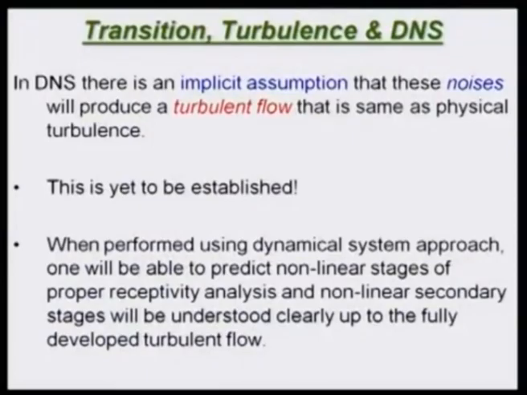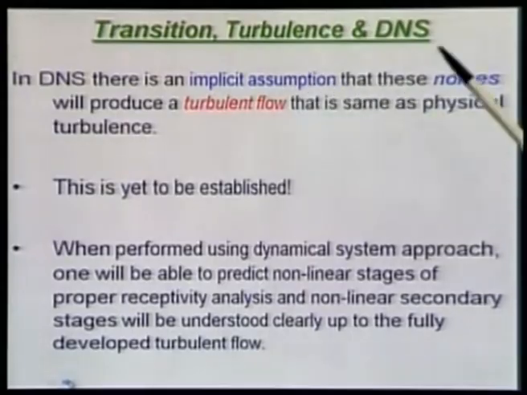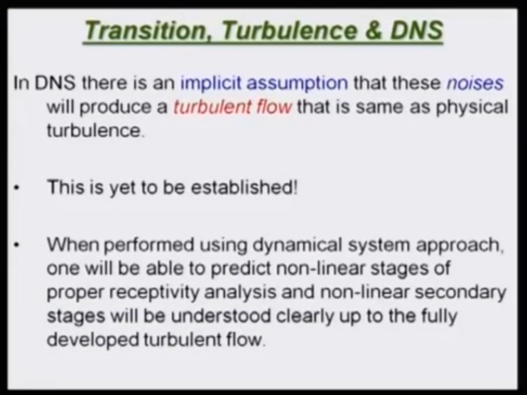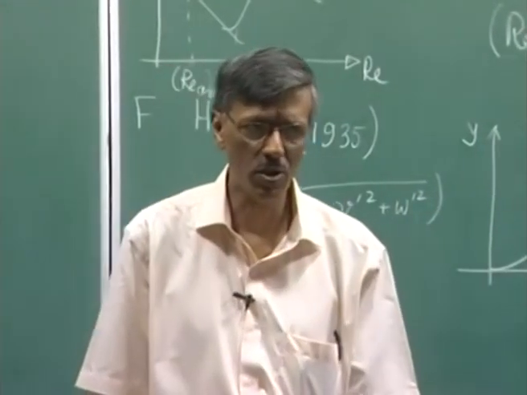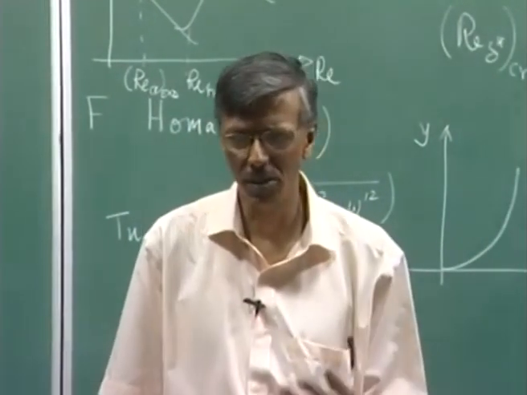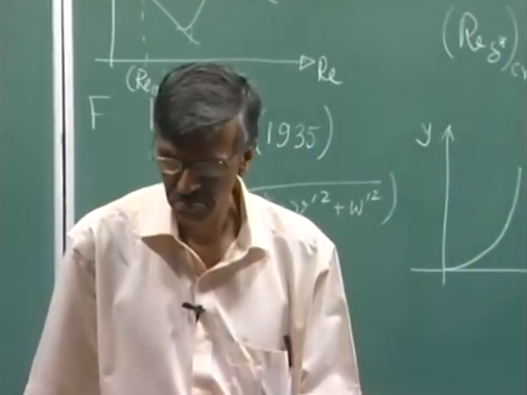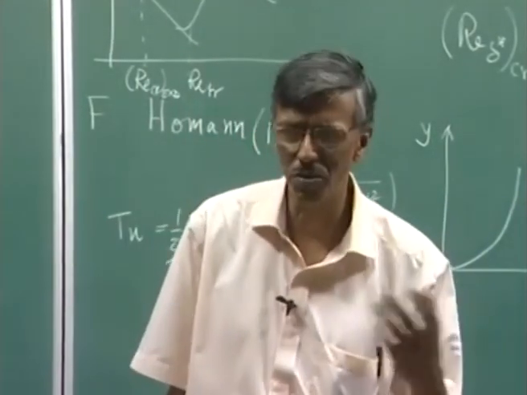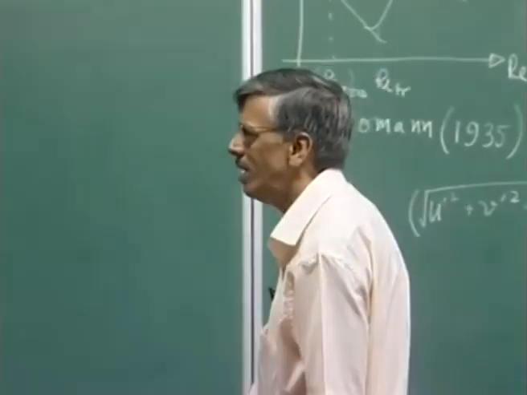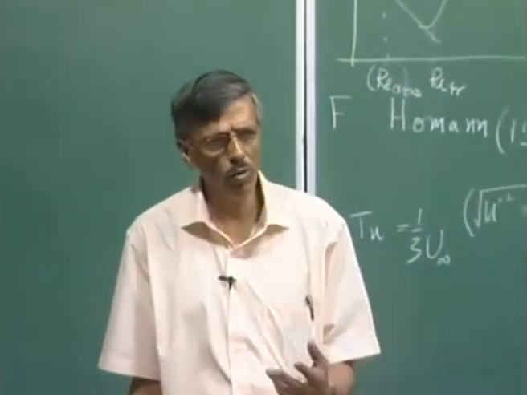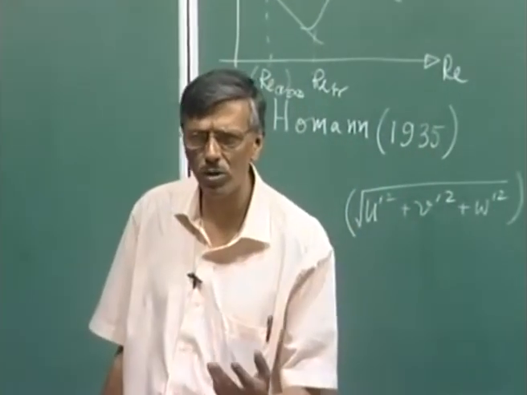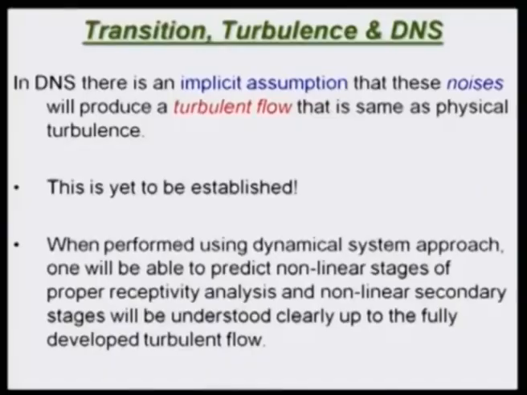So, in DNS people hope, there is an implicit assumption that all kinds of noises that you have, numerical noises, the errors, we talked about round off error, truncation error, and various other sources of error, will all trigger the flow to a turbulent state, the same as physical turbulence.